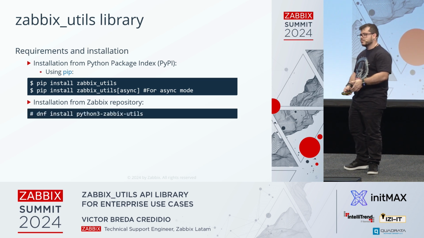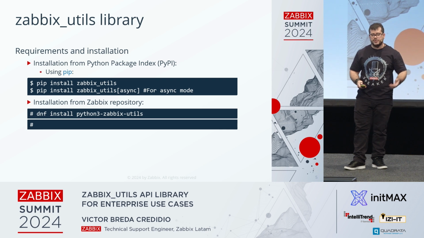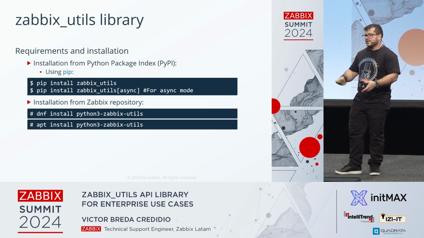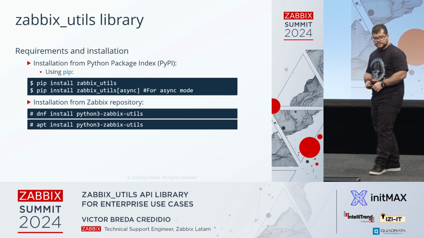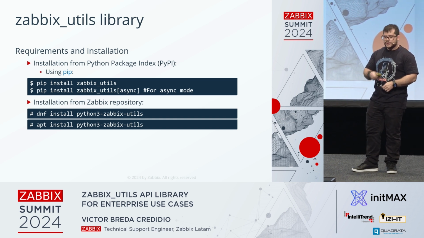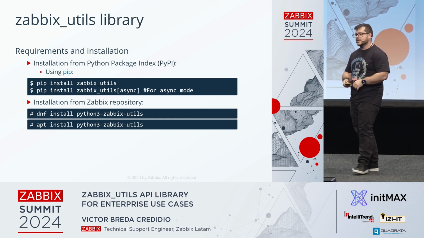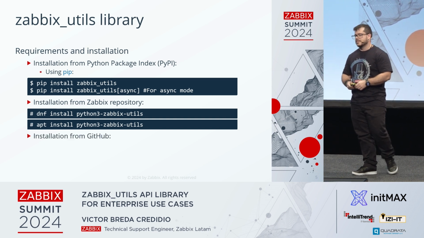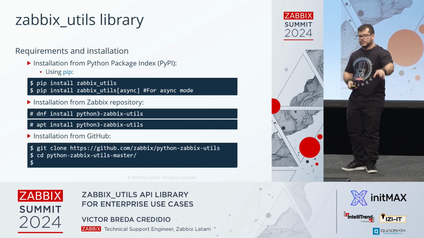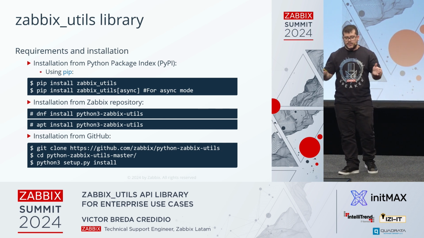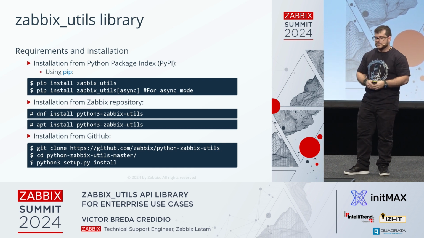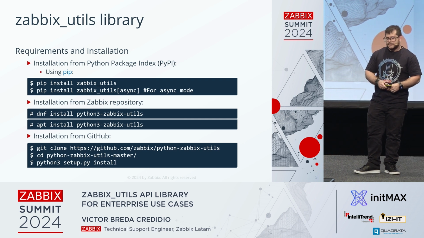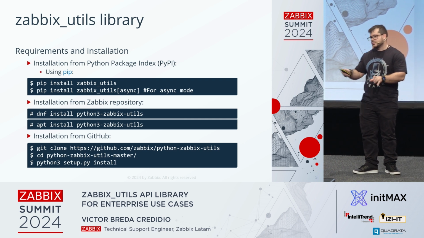You can download it with your Red Hat-based distribution or your Debian-based distribution, the one you prefer. No distinctions here. python3-zabbix-utils is the name of the package. And lastly, you can install it directly from our GitHub. You can just git clone the URL for the python-zabbix-utils GitHub, and just run setup.py with the install parameter.